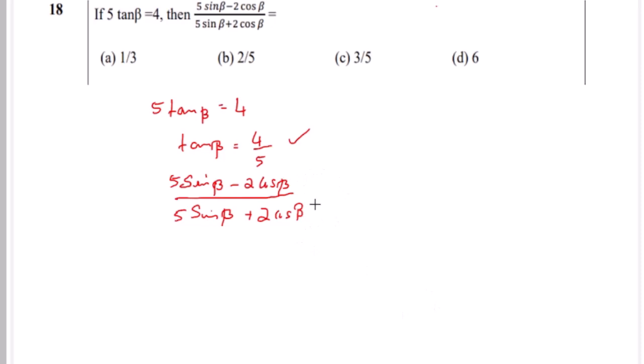Cos beta. We can divide this with the cos beta. That means the whole equation with the cos beta. Each one we have to divide, right?